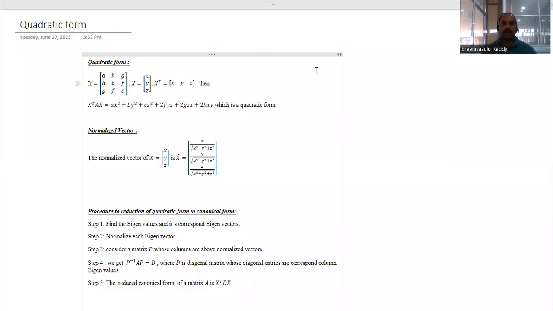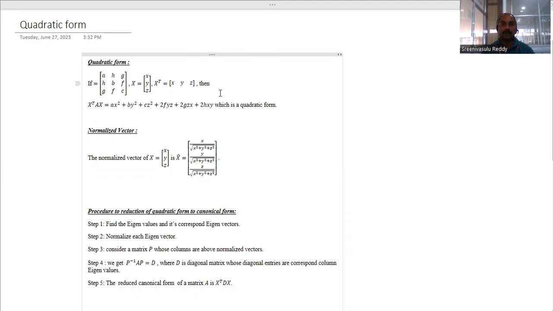So the last topic in the first module is quadratic form. A quadratic expression is usually ax square plus by square plus cz square plus 2fyz plus 2gzx plus 2hxy, which is a quadratic form.